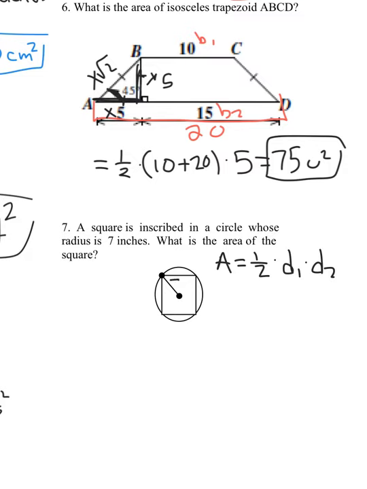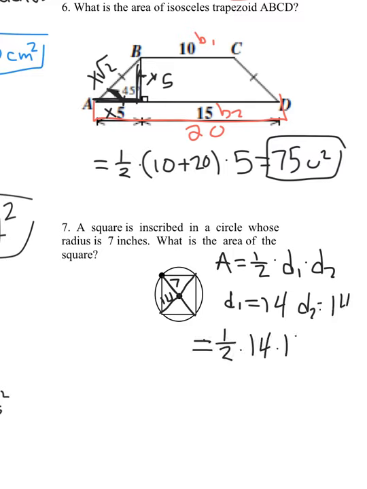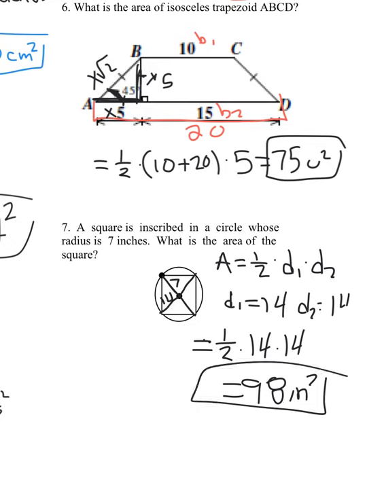So it tells you the radius is 7, which means all the way across would be 14. And because it's a square, both diagonals would be congruent. So each one is 14. Then it's a simple 1/2 times 14 times 14, which is 98. And this one was labeled in inches.